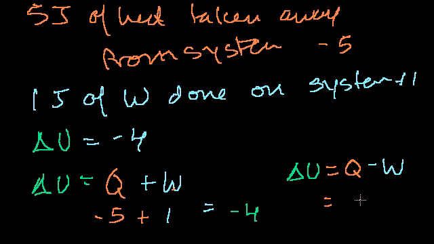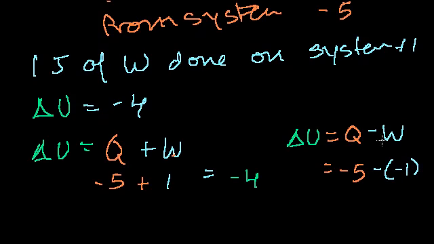We had heat taken away, so it's minus 5. So minus the work that the system does. How much work does the system do? Well, the system had 1 joule of work done to it. So it did itself minus 1 joules of work. Right? So it's minus 1.